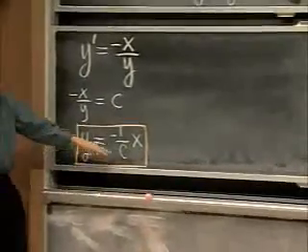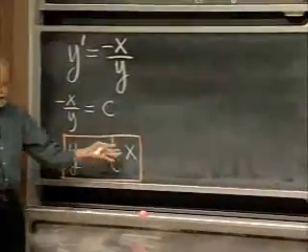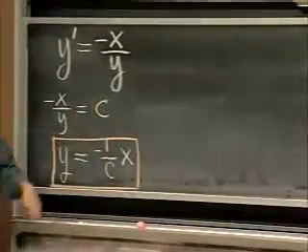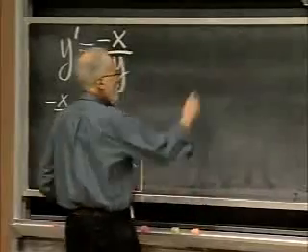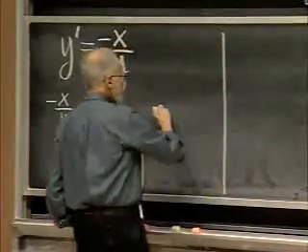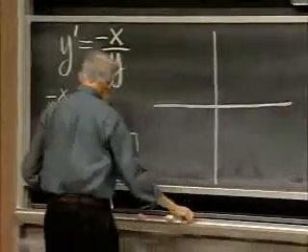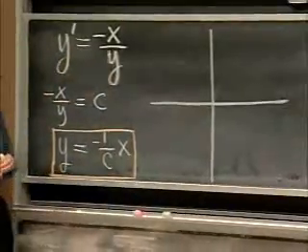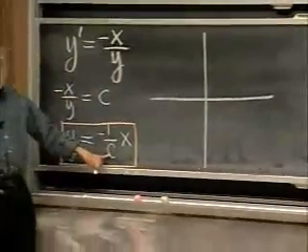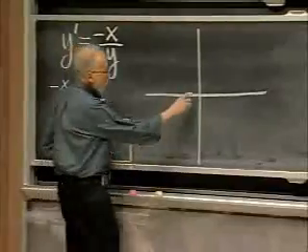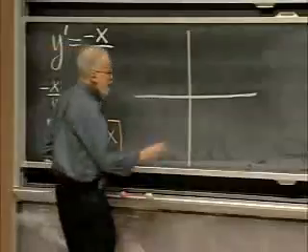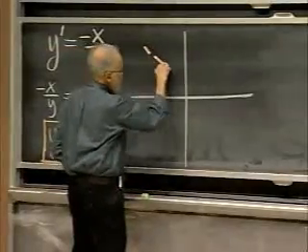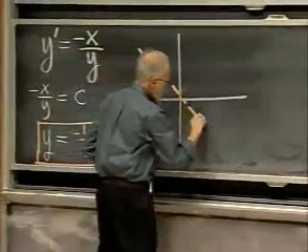In other words, for different values of c, this thing is a line. It's a line, in fact, through the origin. This looks pretty simple, okay? So here's our plane. The isoclines are going to be lines through the origin, and now let's put them in, suppose, for example, c is equal to 1. Well, if c is equal to 1, then it's the line y equals minus x, so this is the isocline.